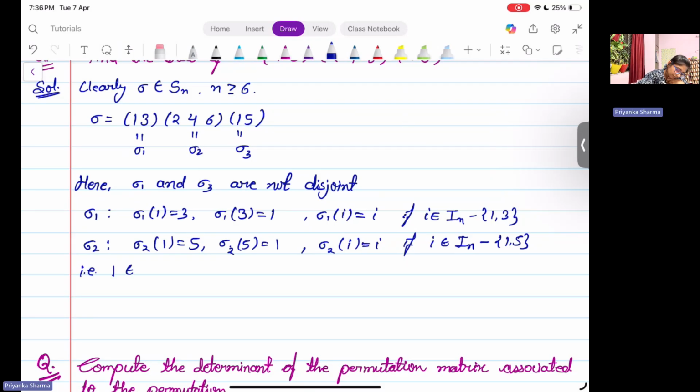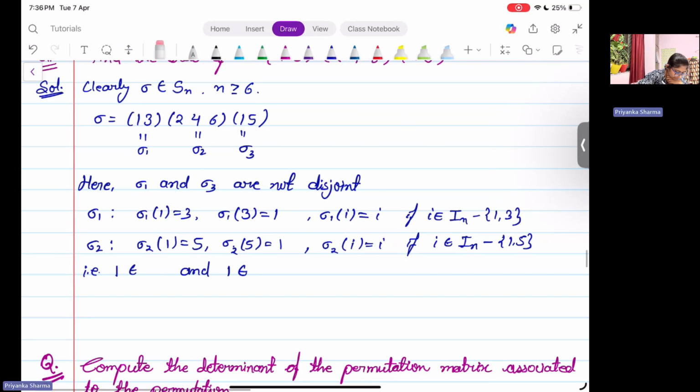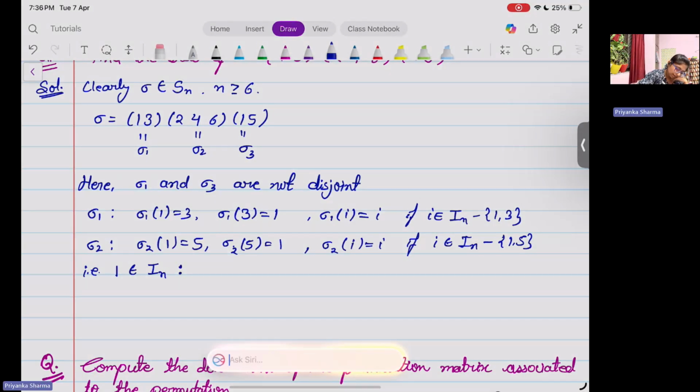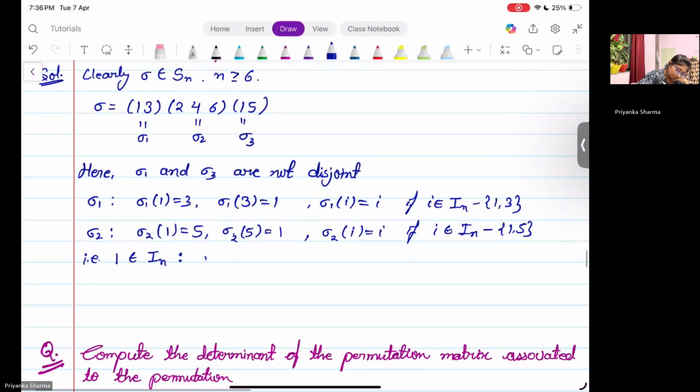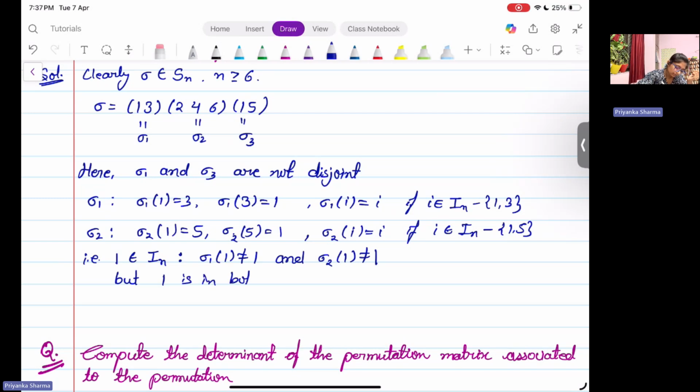That is, 1 belongs to I_n such that sigma 1 of 1 is not equal to 1, and sigma 3 of 1 is not equal to 1. So 1 is in both cycles.